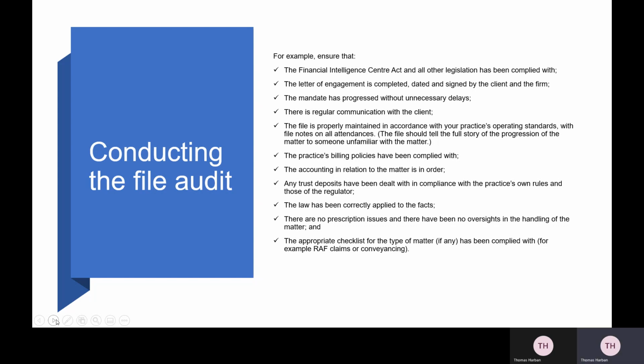If there are any prescription issues, you can pick those up timeously, and also see whether there's appropriate oversight in the handling of matters. Depending on what area of practice you are in, you can adapt the checklist to suit those types of services that you render.